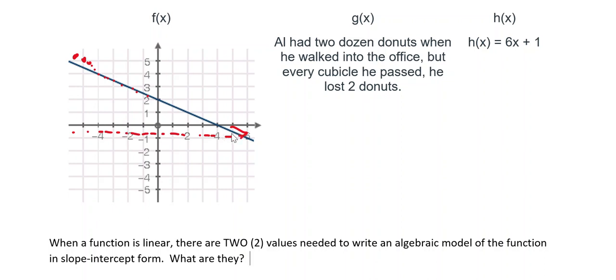As x increases, what's happening to the y values? I'm starting up here at negative 6.5 and then I'm over here at negative 2.3, 0.2. What's happening to the y values as x is getting bigger? Those y values are decreasing. If we were to look at that line and go from left to right, we would see that the line is going down. So we know the slope is negative.